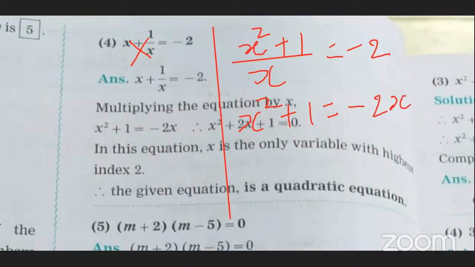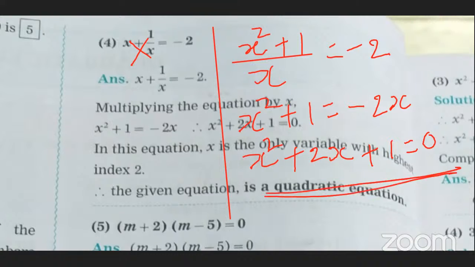So shift here, minus 2 should become left hand side. x square, minus will come plus 2x, plus will come this side. Okay. x square plus 2x plus 1 equals to 0. This is a quadratic equation because the index is 2 here.